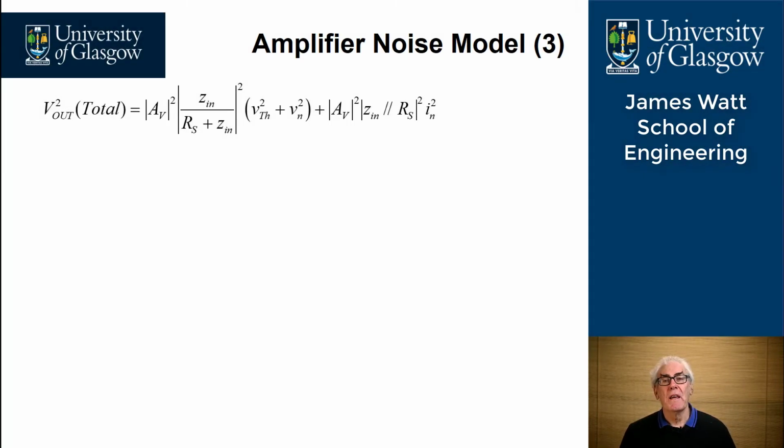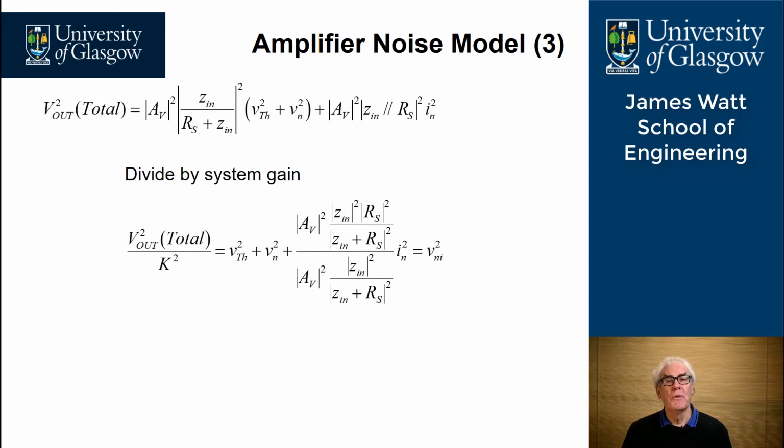So now we have a total noise voltage at the output, which is the gain squared times the potential divider squared, and that multiplies the square of the Thevenin voltage plus the square of the noise voltage associated with the amplifier. Added to that is the square of the gain times the parallel combination of the input impedance in parallel with the source impedance, all squared, multiplied by the current.